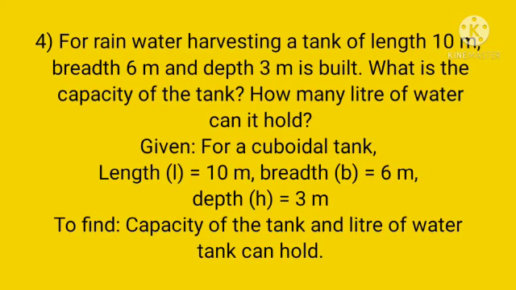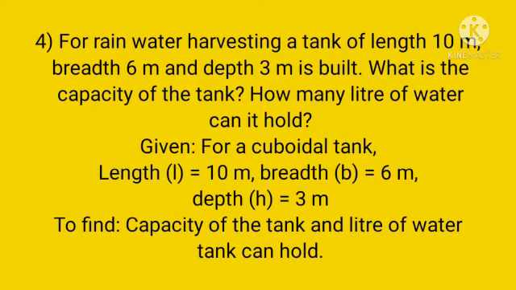Sum number 4. For rainwater harvesting, a tank of length 10 meters, breadth 6 meter and depth 3 meter is built. What is the capacity of the tank? How many liters of water can it hold? Given for a cuboid tank, length L is equal to 10 meter, which is equal to 1000 centimeter.